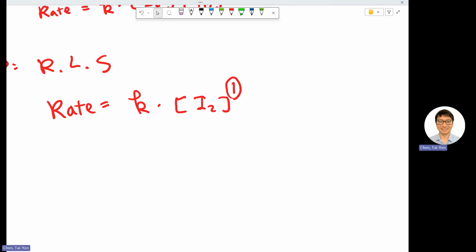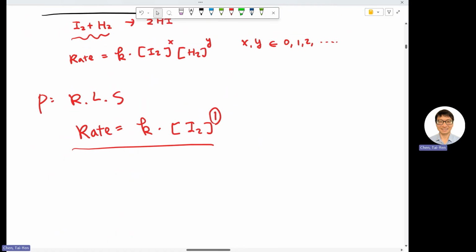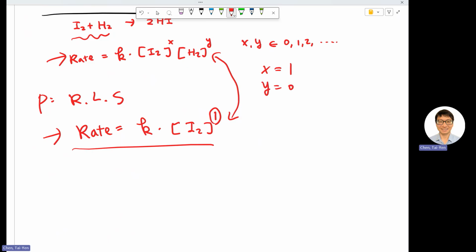So all you need to check is whether the rate law you write based on your rate-limiting step agrees with this form. The main difference is that here x equals 1 and y equals 0, but your x and y can be any numbers, 0, 1, 2, and so forth.